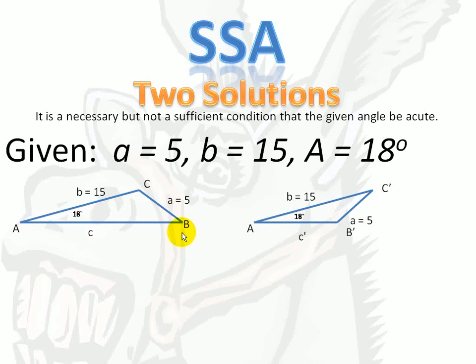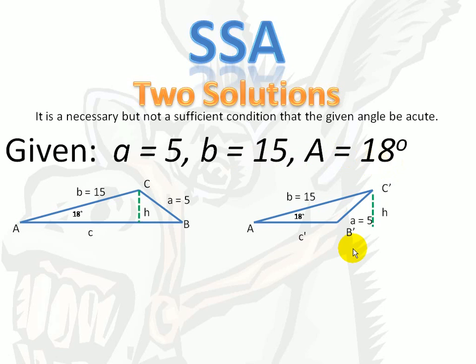Instead of the A going this direction, it comes back this way. So side C is shorter than it is over here. So this is an example where you have two triangles that are possibilities for the solution, for this given information.